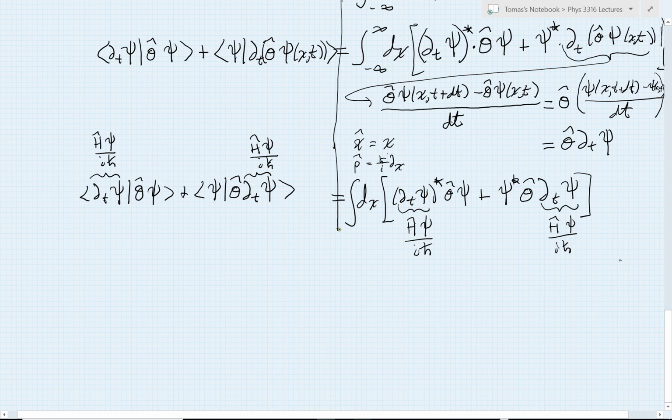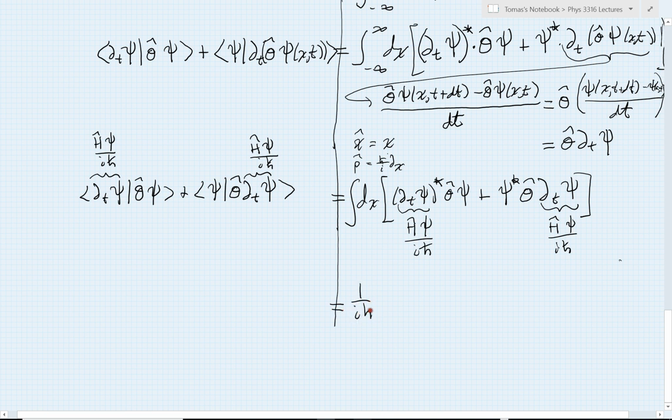Now, the point I'm trying to make by writing this out so explicitly in our more traditional side is I want you to notice that now I have an overall factor of 1 over i h bar that I can pull out of my integral. So I'll pull that out.